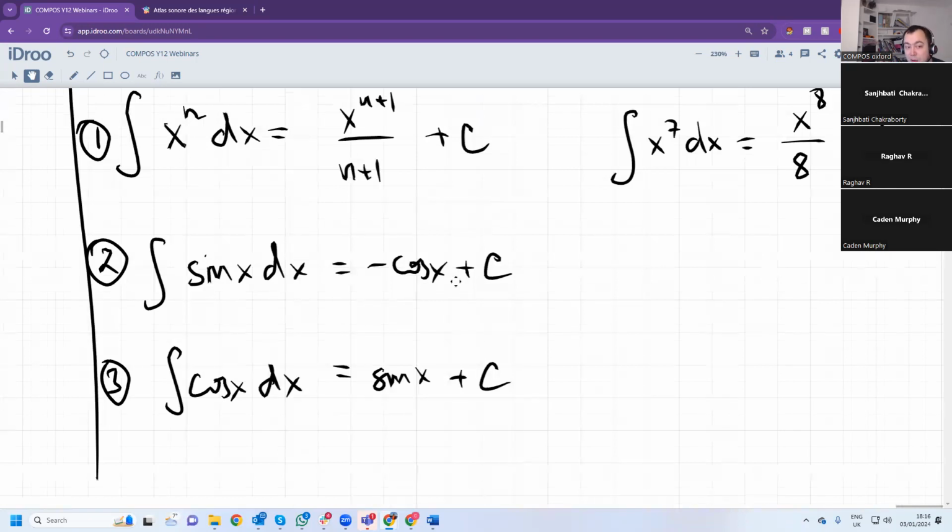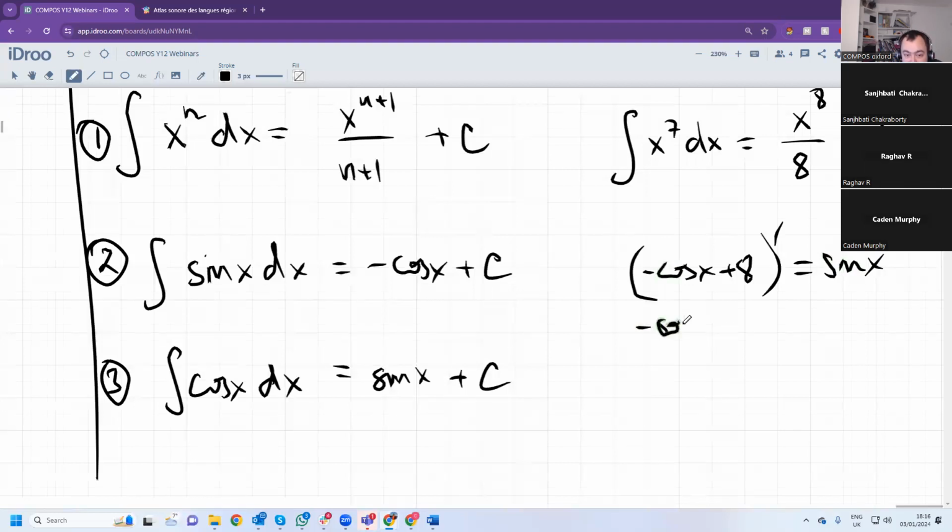Well, it's minus cos x plus any real number, like minus cos x plus 8, for example. Because minus cos x plus 8, when you differentiate, is going to be sine x. If you do minus cos x plus 17, it's still going to be sine x. So any function that looks like this.